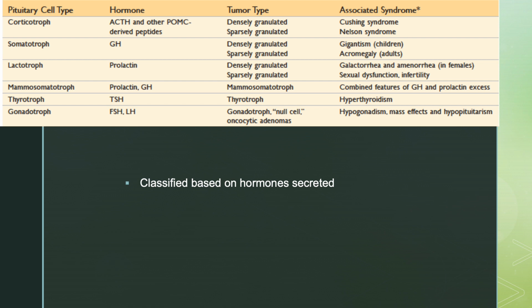And gonadotroph hypersecrete FSH or LH, and this results in hypogonadism, but most of the time mass effect, because most of the time these are not very functional, and if they are, they do not cause clinically significant syndrome secondary to the hormone. That's why when it comes to LH and FSH secreting adenomas, the most common presentation is actually related to the mass effect, not the hormone itself.